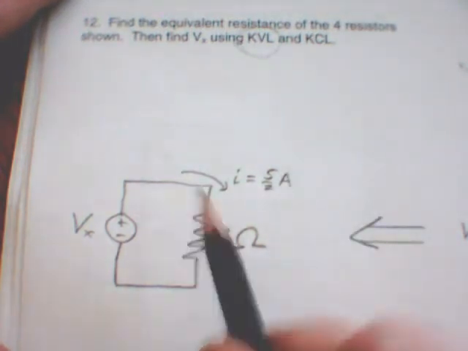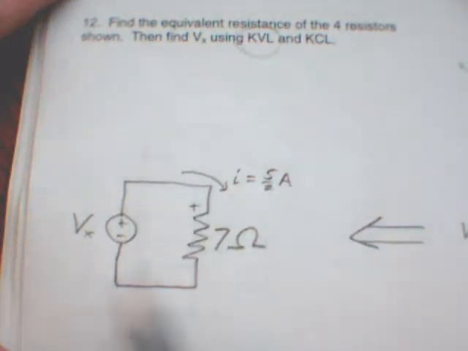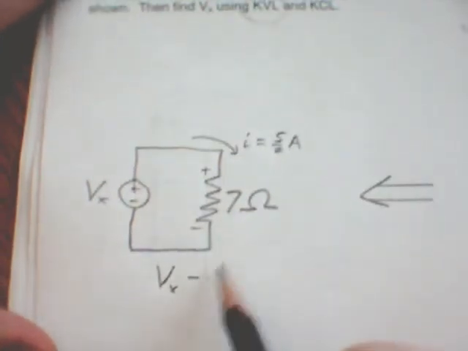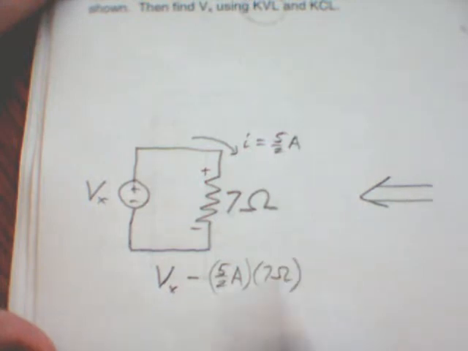And then you have, if the current is going this way, you have a positive value there, negative value here. So using KVL, you have Vx, which is a positive value, and then you have a drop of 5 halves times 7 ohms.